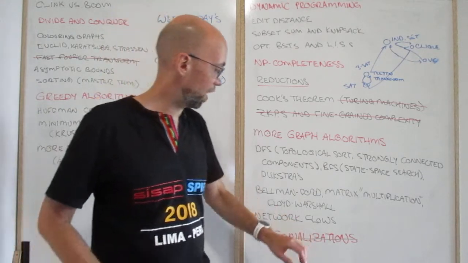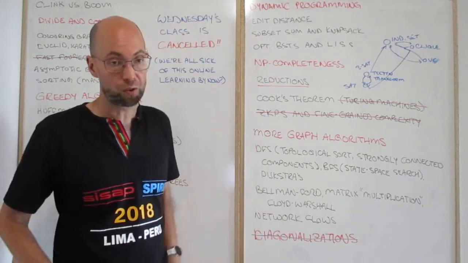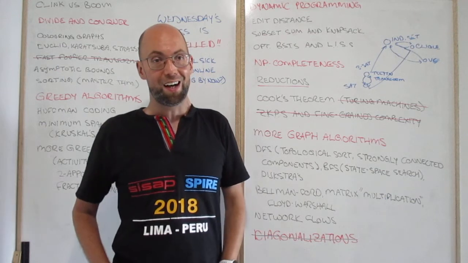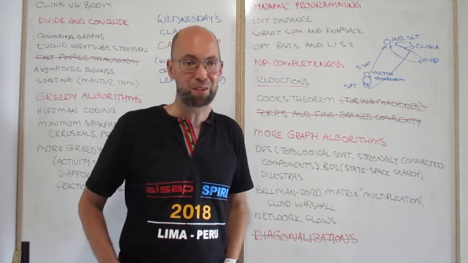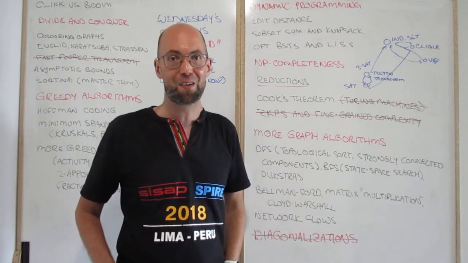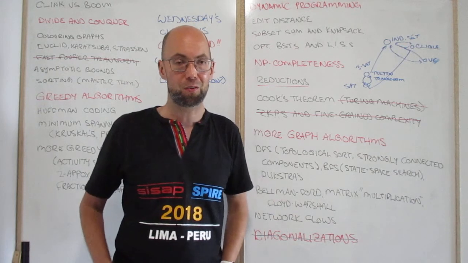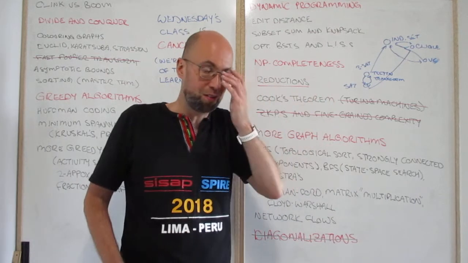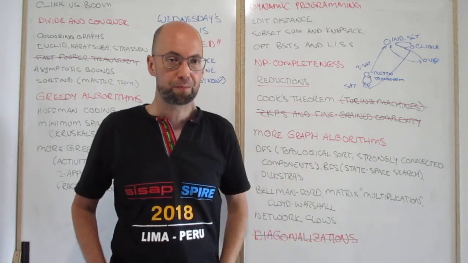And network flows, and you do not have to know diagonalizations. So the halting, the countable and uncountable infinities, the halting problem, Kolmogorov complexity, fun stuff like that, except it's on assignment 8.